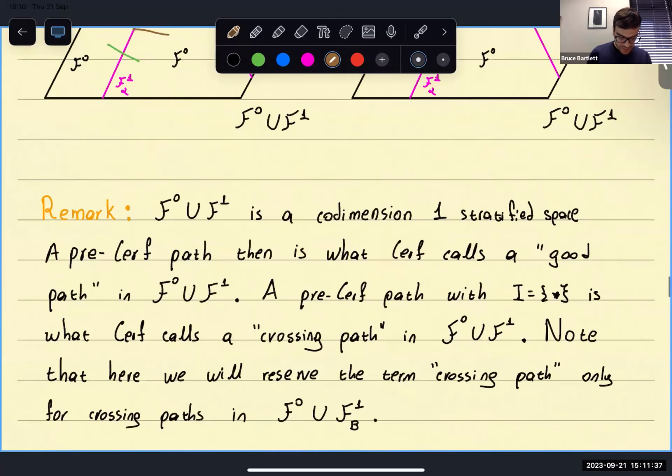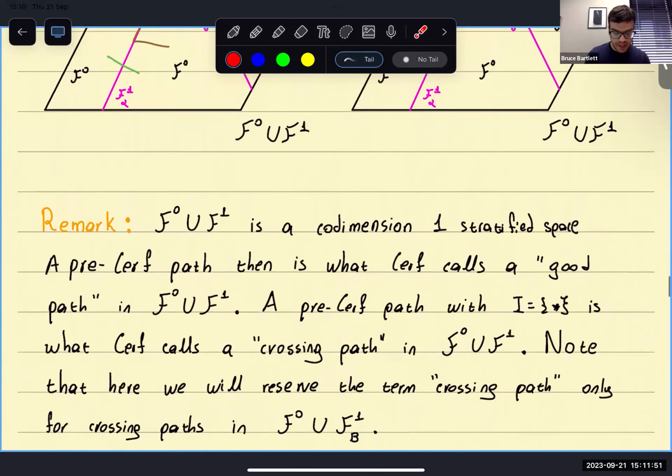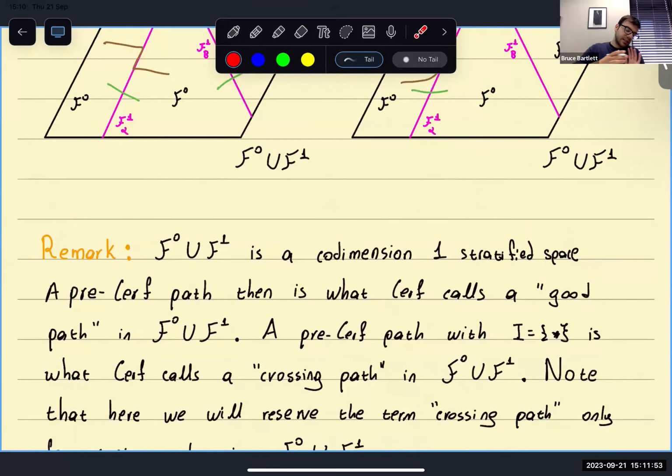Okay. And just as a remark regarding terminology, this F0 union F1, as we said, is a codimension one stratified space. It basically means that there's just two strata. It means something more, but I don't want to go into the details of that.